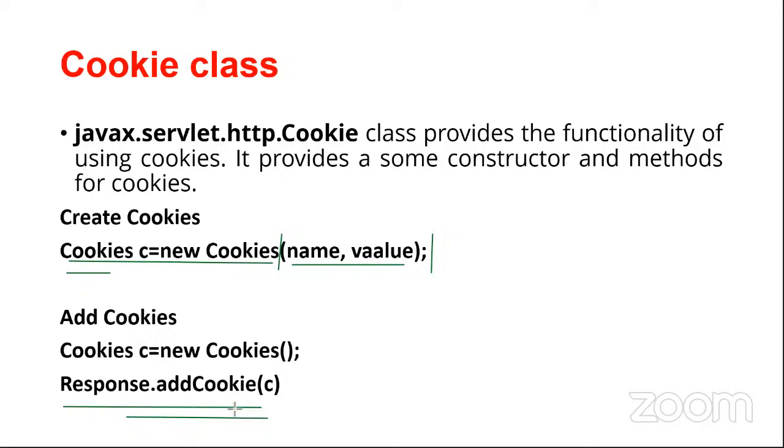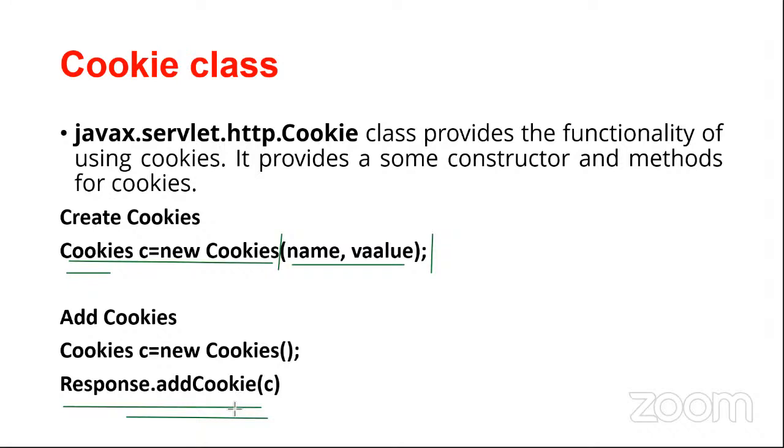We have many more methods with this Cookie class. Those methods are setName, which can be used for changing or setting the name of the cookie, as well as getName, which is used for returning the name of the cookie.